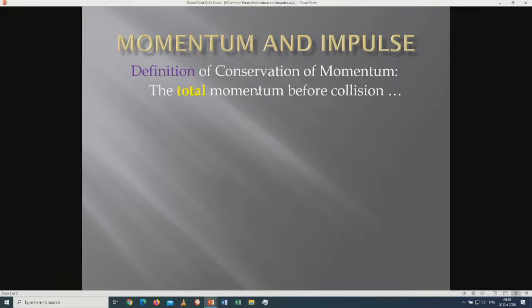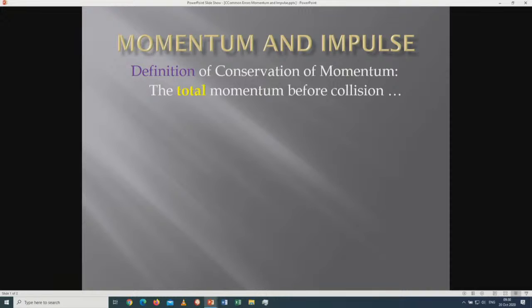Just state that the momentum before collision equals the momentum after collision in an isolated system. So that second part, in an isolated system, is very important, but you must state that the total momentum before collision equals the total momentum.